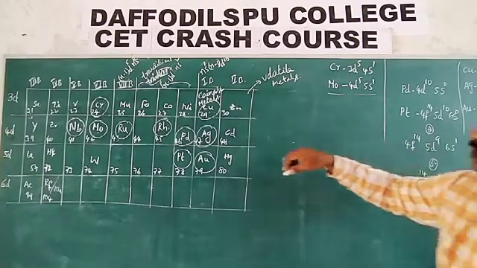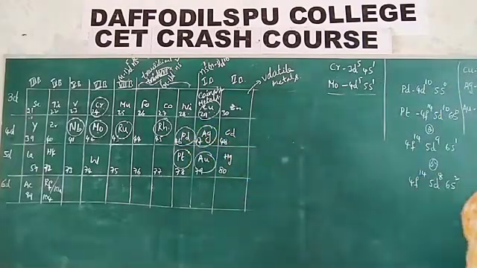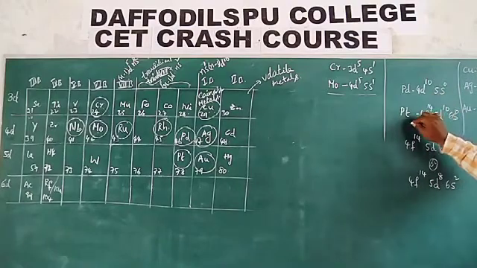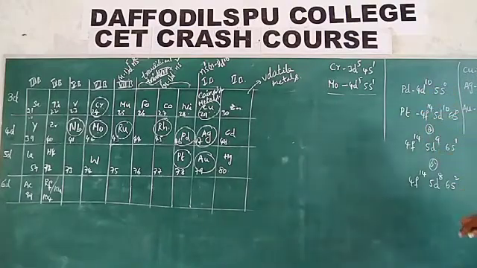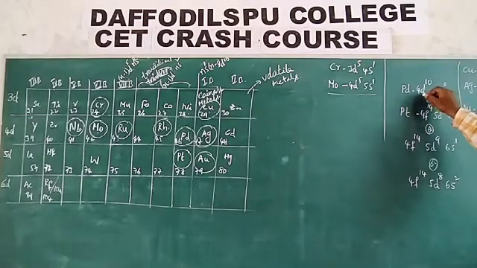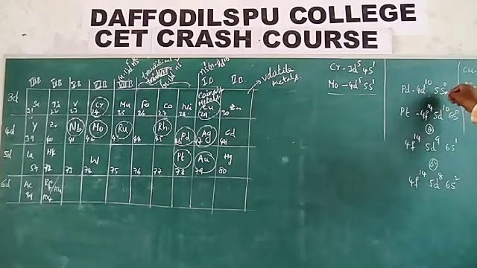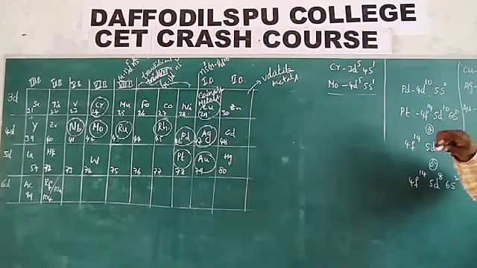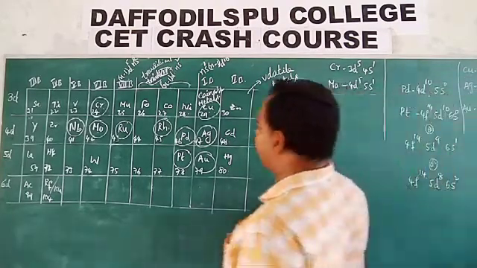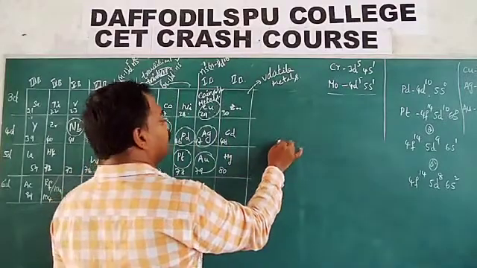Next, look at palladium and platinum. These two also show abnormal electronic configuration. Palladium electronic configuration is 4D10 5s0. It belongs to the nickel group. What is the nickel electronic configuration?